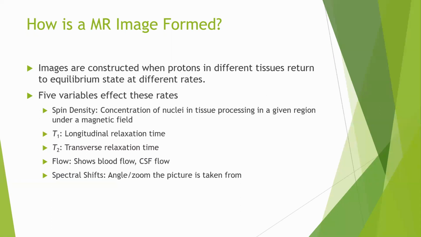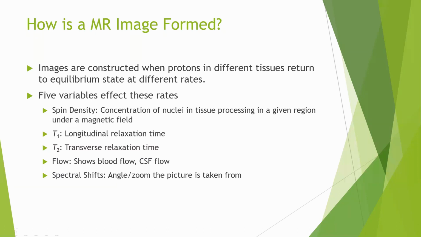Any kind of venous occlusion, venous disease, you can do MRV, magnetic resonance venography. There is also magnetic resonance for CSF, cerebrospinal fluid flow. You can also do flowmetry or flow check measurements through MR, and that basically shows blood flow, CSF flow, and various kinds of flows.